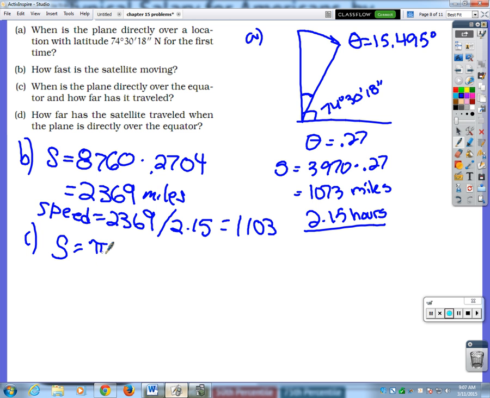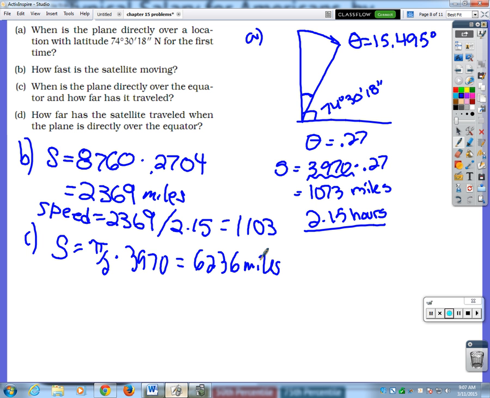So pi over 2 times the radius of the airplane travel, 3,970. Anybody got that for me? 6,236 miles. Okay, so that's how far it will travel when it gets all the way to the equator.